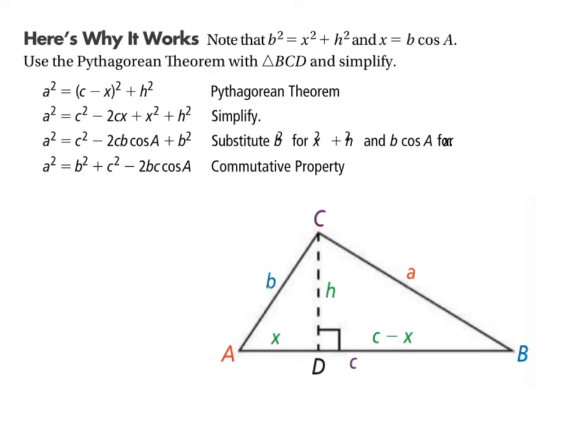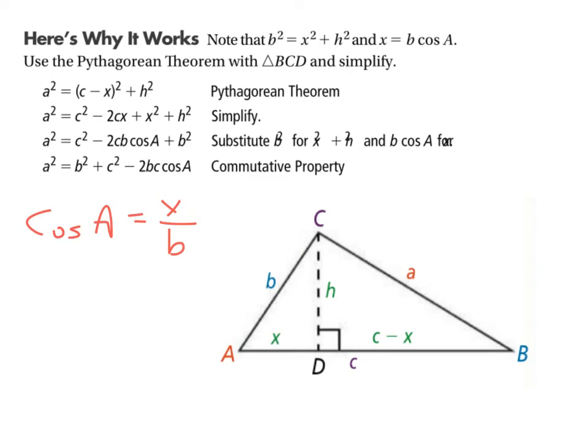What does that mean? Well, I'm going to actually write it out. If you wanted to know the cosine of A, it is just the adjacent side. Remember, cosine is adjacent over hypotenuse. What is the side adjacent to this angle? It's x, over the hypotenuse. And what is the hypotenuse of that triangle? It's b, right?